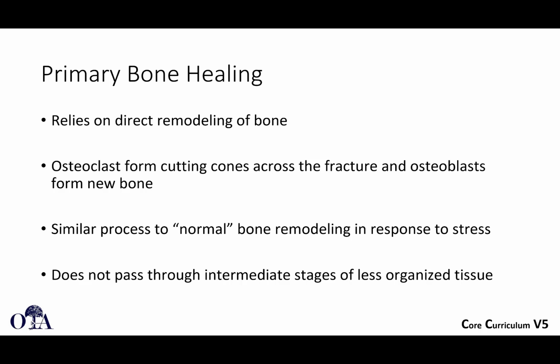And this only happens when you do compression plating, an anatomic reduction of a fracture. And then what happens is osteoclasts form these cutting cones that go directly across the fracture, and osteoblasts form new bone. And it's a little bit similar to how bone remodels in response to stresses. And you just don't go through these intermediate stages. So you don't really get callus. You just go from a fracture to a remodeled bone.